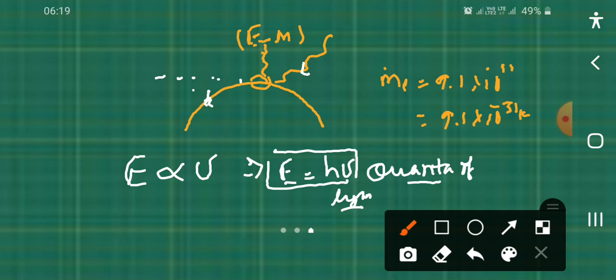And now the dotted line represents the new path with new velocity, and this is the reason that we cannot predict the exact position of a particle like an electron when it is moving in a circular path.